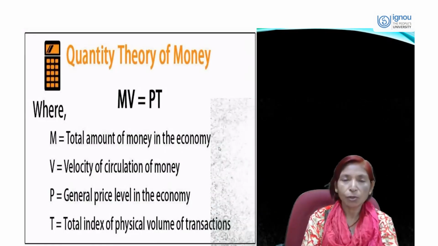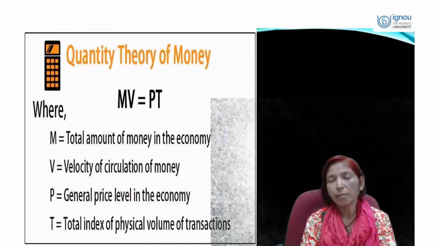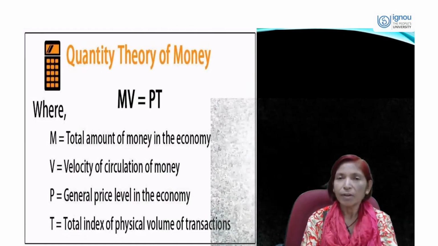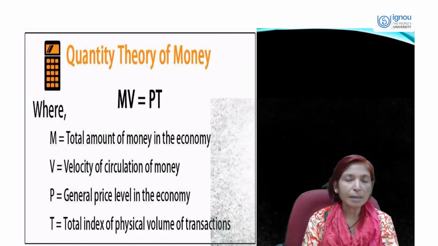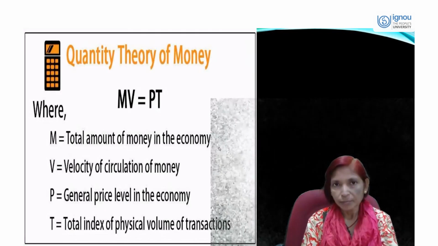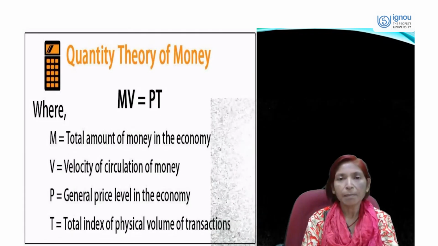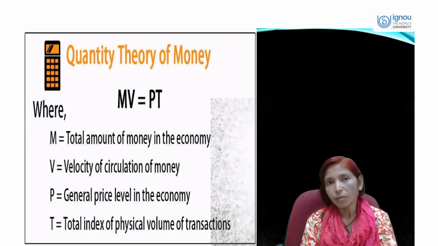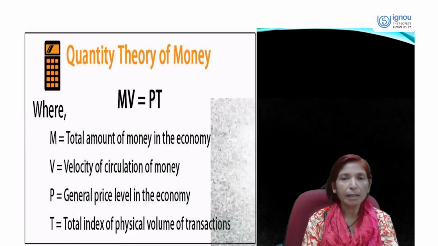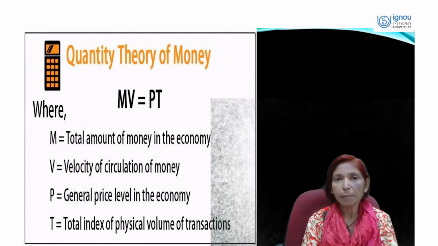Here MV is showing money supply and PT is showing money demand. And we should assume that money supply is always equal to money demand. There is no difference in money supply and money demand. Whatever money is supplied by Reserve Bank of India, that is demanded by country people.